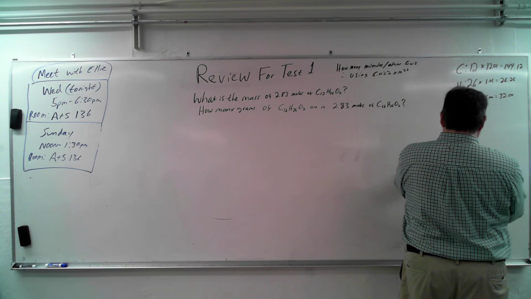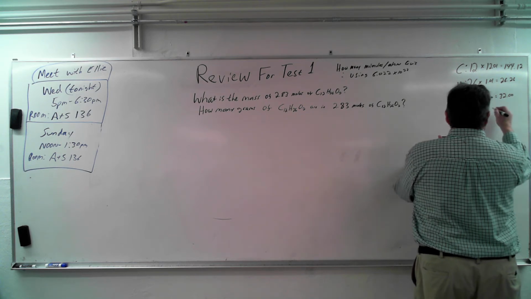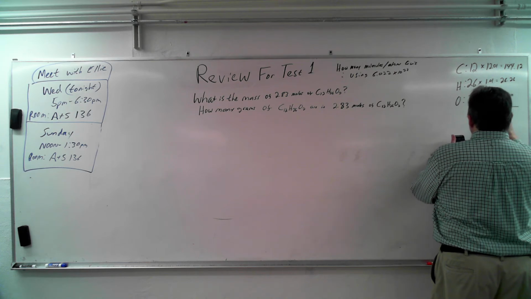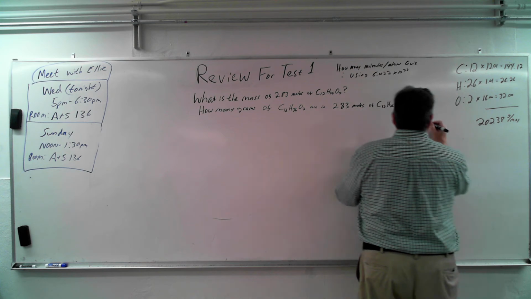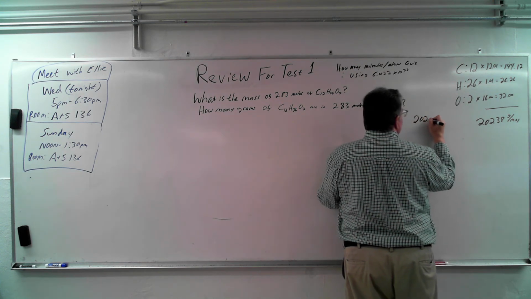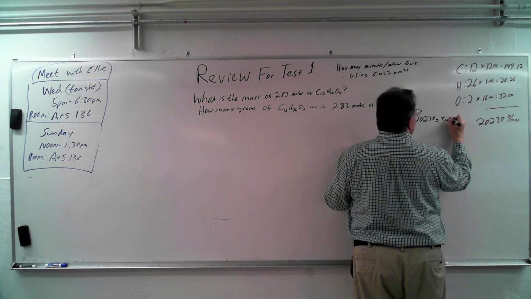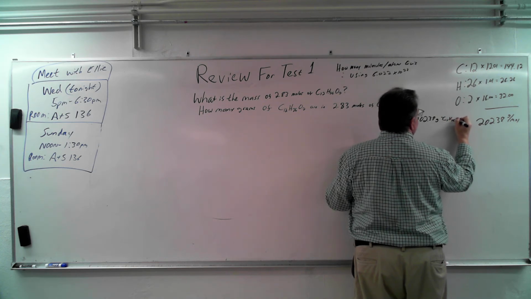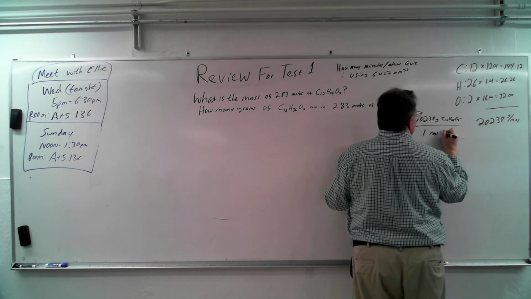Plus 32. This comes to 202.38 grams per mole. That is 202.38 grams of C12H26O2 is 1 mole.